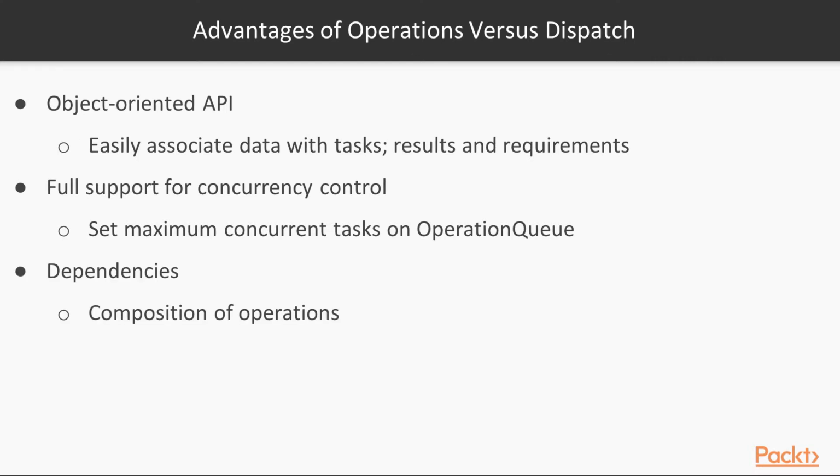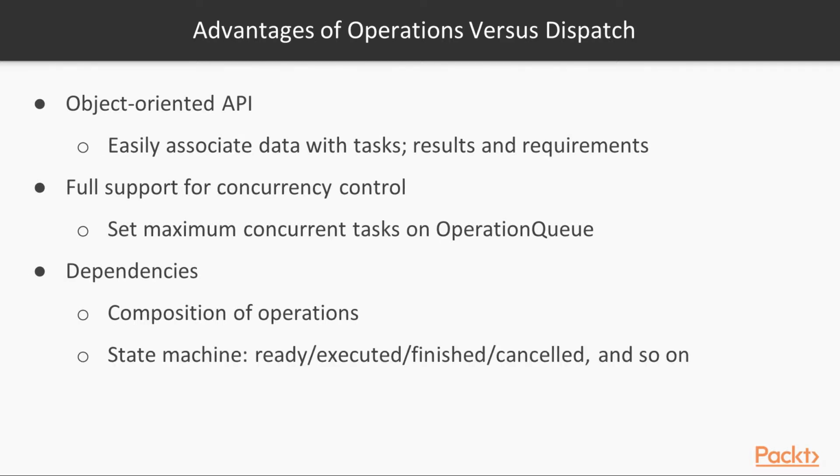An extremely powerful feature of Operations, if used effectively, is the ability to associate dependency operations with operations themselves. We'll detail this shortly, but in summary, this allows you to compose operations together, creating larger operations from small and focused sub-operations. This can result in tidy and modular code. In order to support this, operations manage their own internal state.